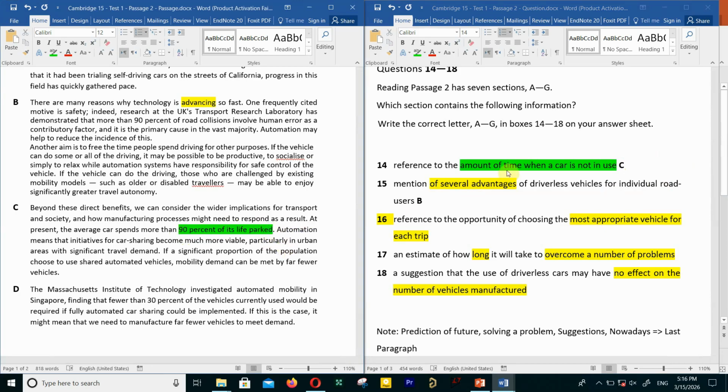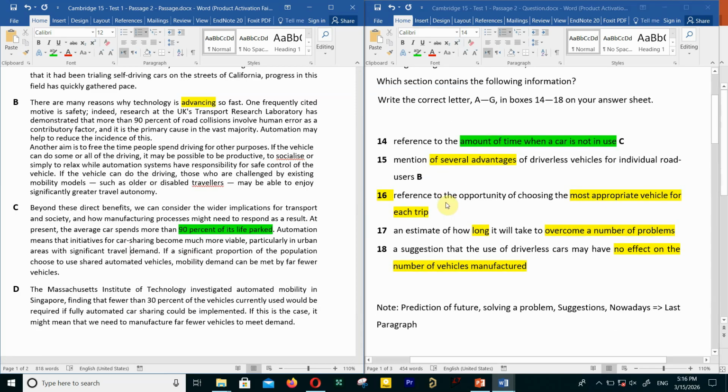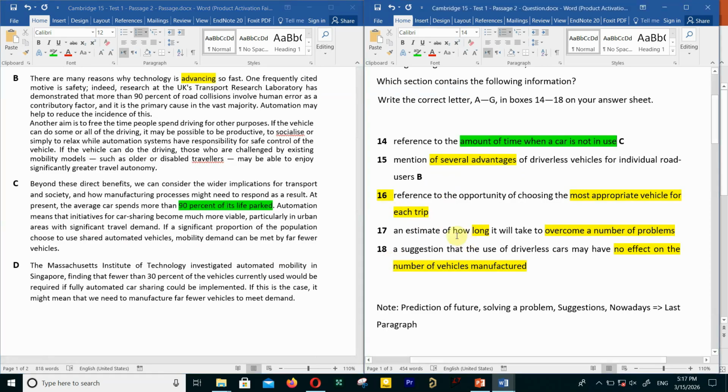Because I already had my concentration on this, I could find this easily. Okay, now 2 of them are out of the picture, so these 3 with the 17 I'm probably going to find in the last paragraph. That was my wild guess, or actually my educated guess.